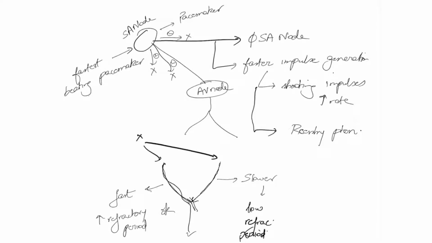Now let's say something changes. For instance, there's another focus of the heart that gives off an impulse prematurely. When this impulse is generated, it would approach again both the fast pathway and the slow pathway. But the problem is the fast pathway could be in its refractory period, and so it's no longer able to pass this way. So this impulse is blocked.